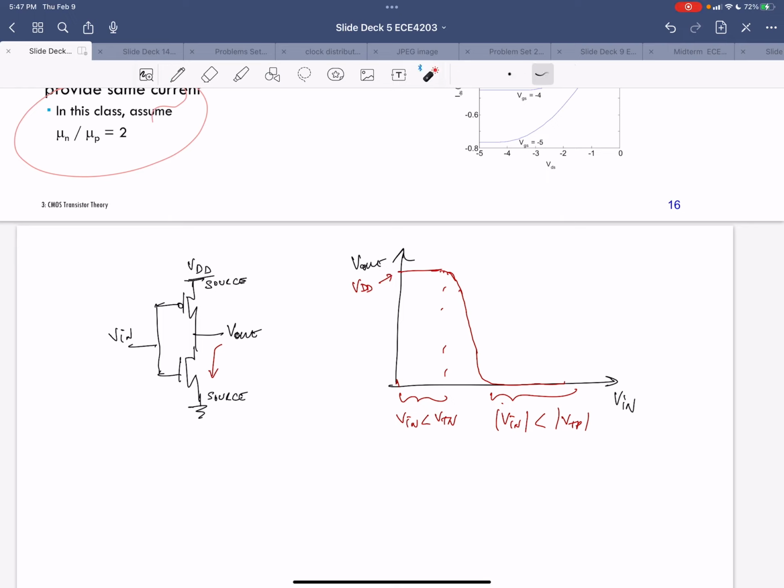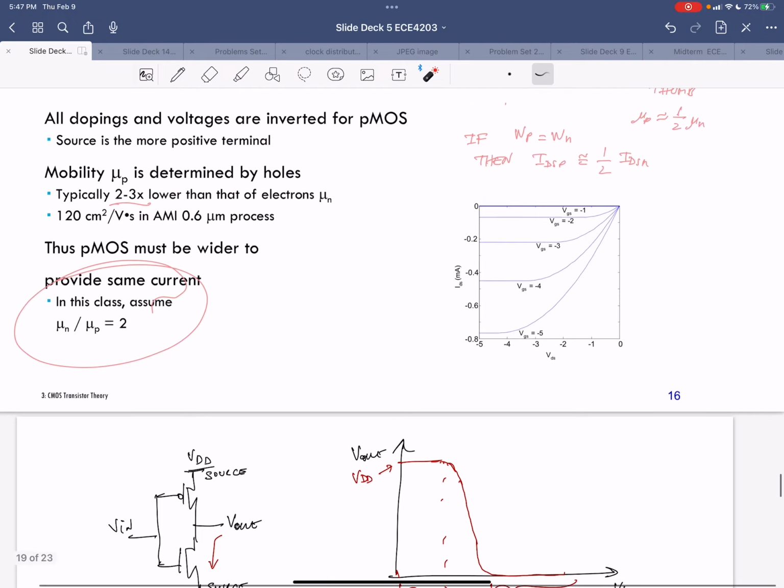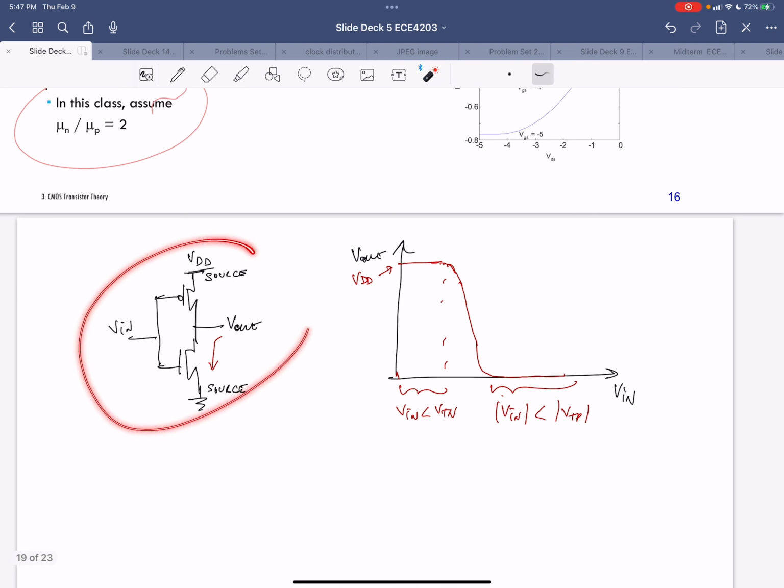At a very low input, I get a high output, and at a high input, I get a low output. So these IV characteristics gave me this kind of transfer function, so-called. This is a transfer function for an inverter.